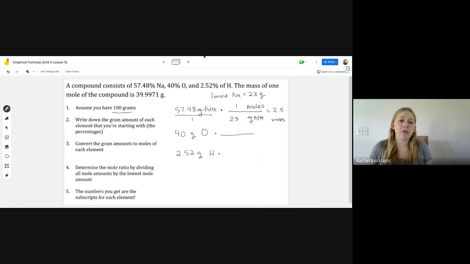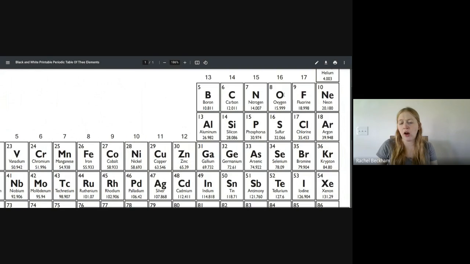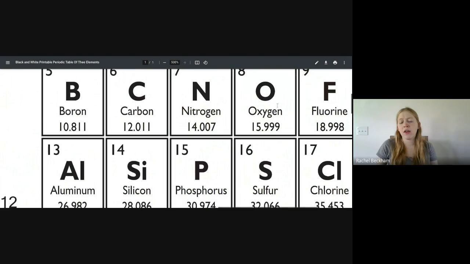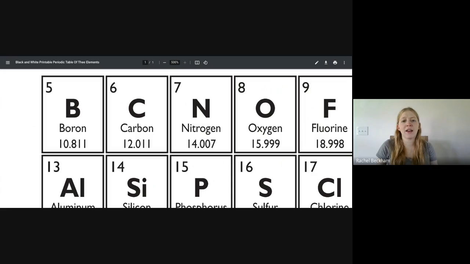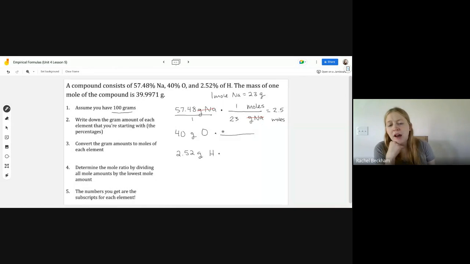We're going to go back to our periodic table and find the molar mass of oxygen. Oxygen's molar mass right here is 15.999. I'm going to round that to 16. Okay, so that means that for every 1 mole of oxygen, it weighs 16 grams. And my grams will cancel like that.